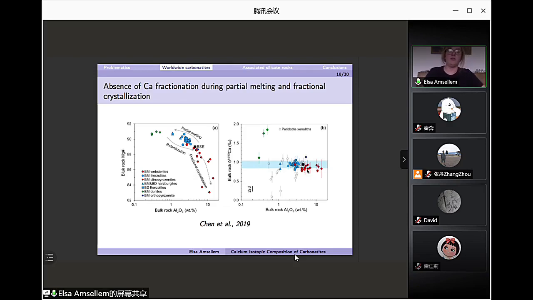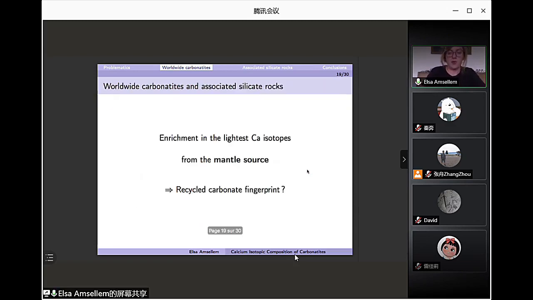So the idea is to say that this enrichment of calcium isotopes we see in these carbonatites cannot be explained, because it's a huge difference from the BSE value to the carbonatite value. We cannot explain it by this process, and also not by the secondary processes, like I showed before.